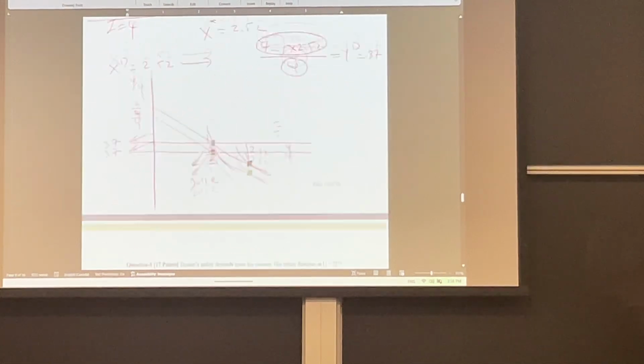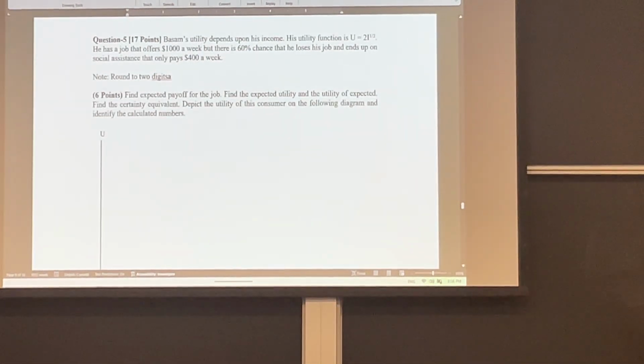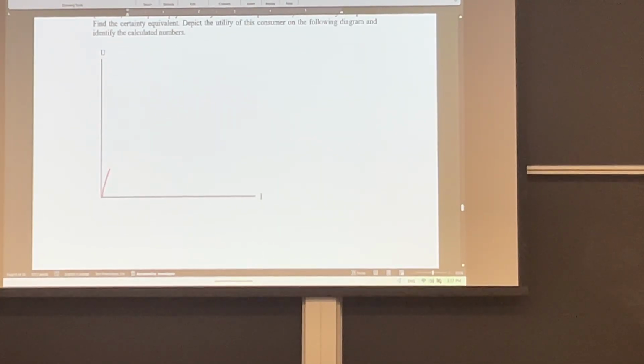The last one is from the last lecture, which is expected utility and insurance, stuff like that. And here I use a power function, where the power is less than 1, that makes the individual risk averse, so that is the utility.